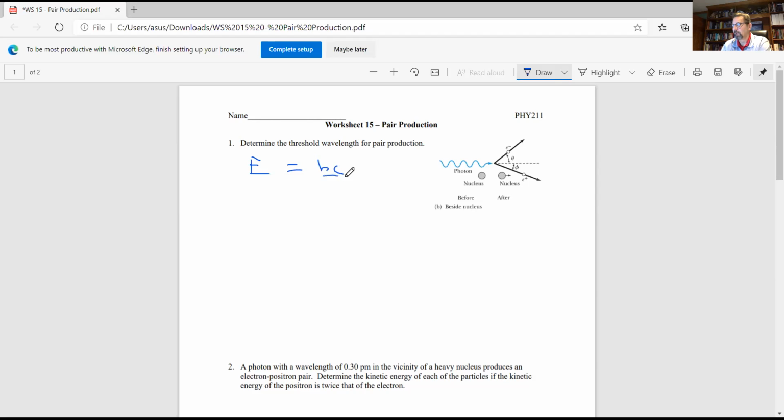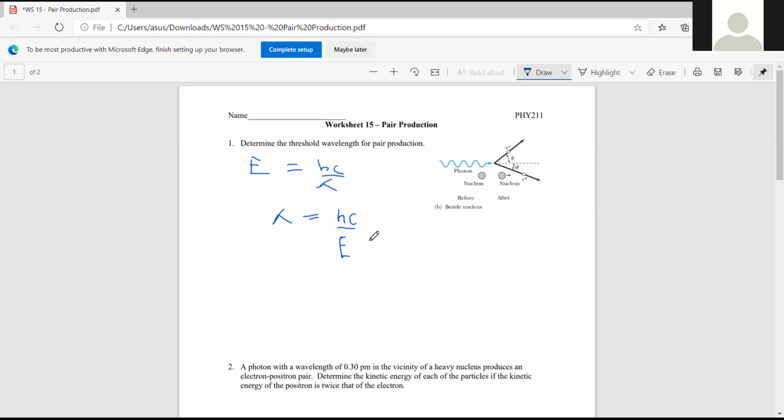hc over lambda. Yep. And so lambda is equal to hc over E, and E is 2mc squared, right? Yeah.